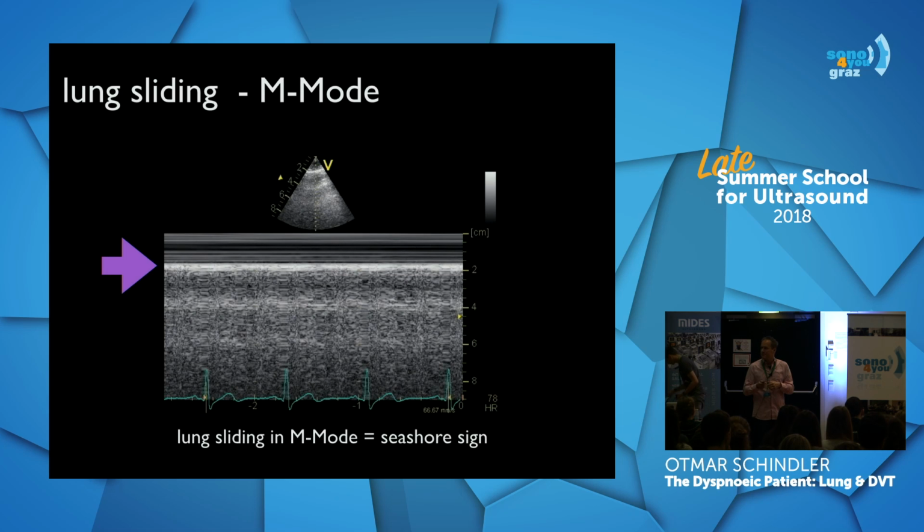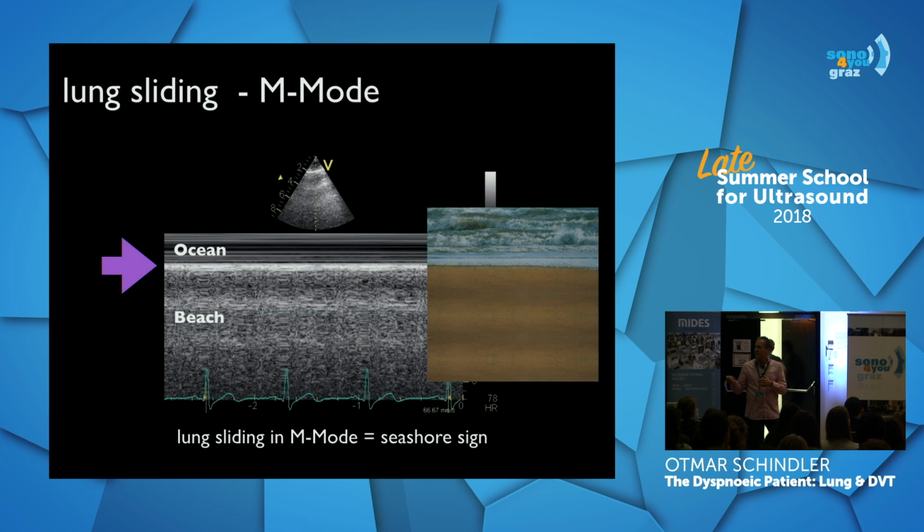If you do that in M mode, it's the so-called seashore sign, because some innovative people thought that looks like a seashore. I don't think, but can imagine there are the ocean and the waves coming towards the sandy beach. Yeah? That's what they think it should look like.